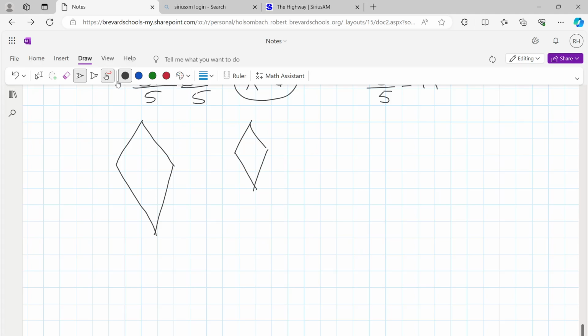Now here's our blue. This one's our green. We've got a side that's 40, a side that is X. We've got an area that's 400, and an area that's 64.